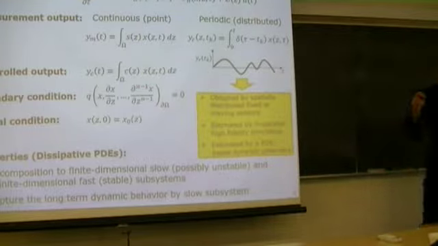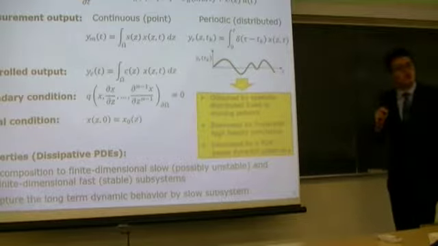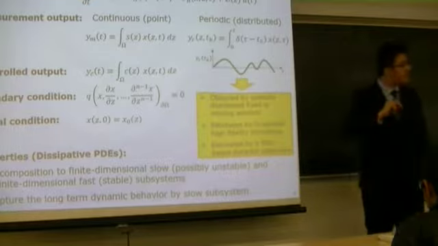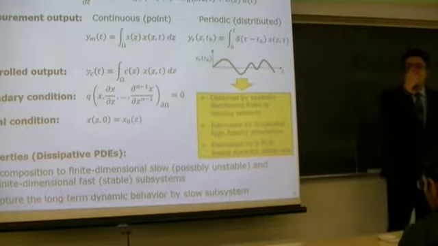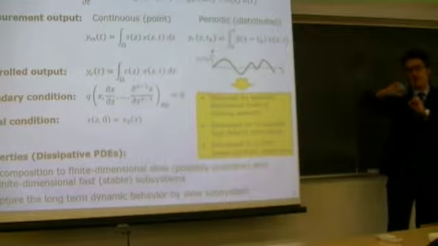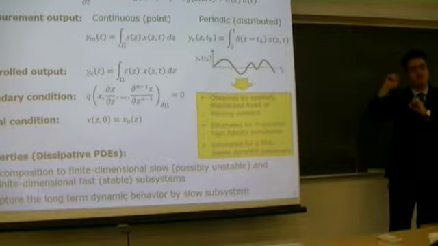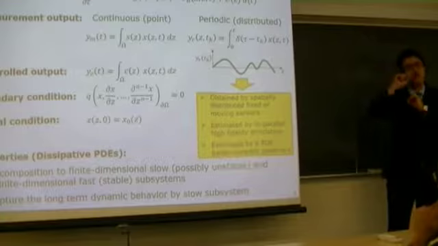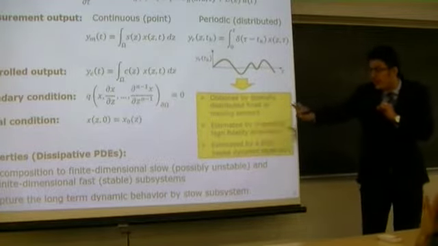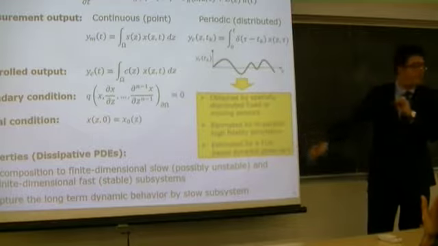The important property of dissipative partial differential equations is that we could decompose the infinite dimensional representation of this type of system into two different categories: a finite dimensional slow subsystem, which could possibly be unstable, and an infinite dimensional fast and stable subsystem.